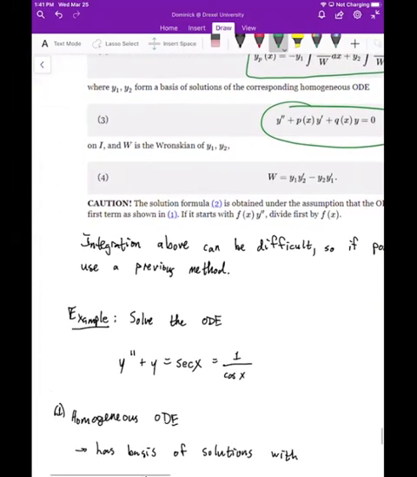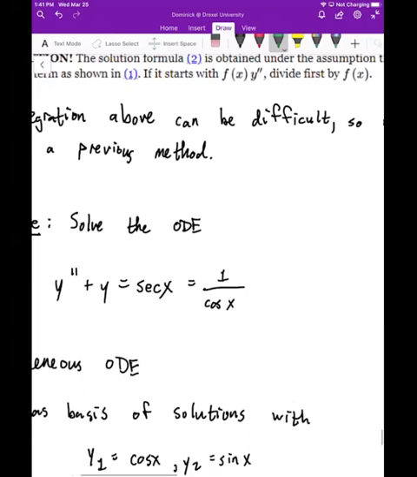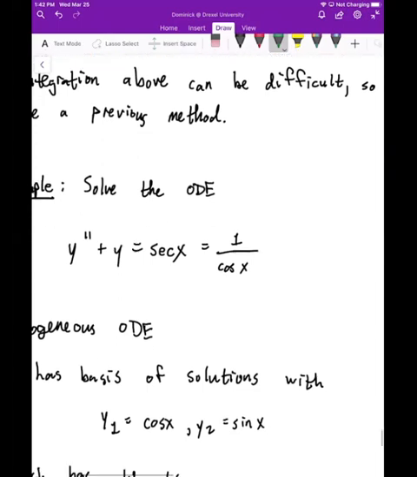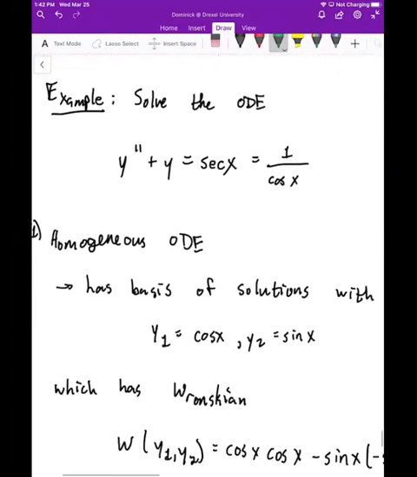But we're going to look at an example where you don't have a choice but to use this method. Now we have a reciprocal of a cosine, or a secant function, which is not in our table of functions that we can use the method of undetermined coefficients for. So we need another way.